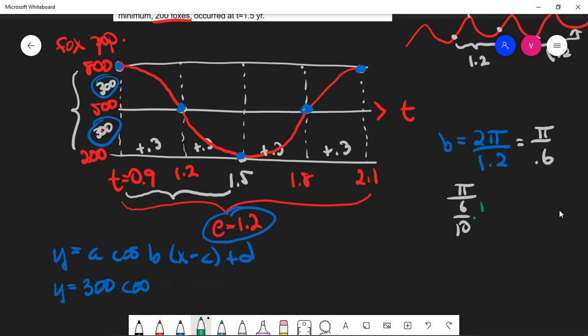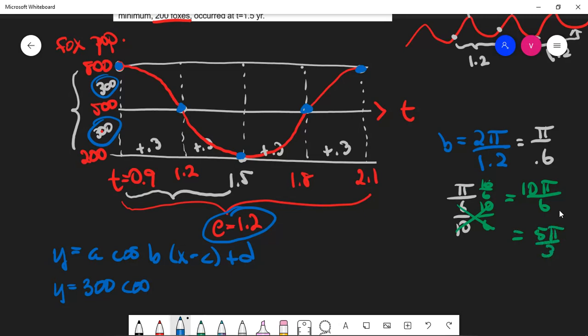Okay, and then multiply by the reciprocal. That gets rid of the entire denominator, so that would be 10 pi over 6. Pi times 10 divided by 6. Okay, and then reduce that out, so that would be divided by 2, 5 pi over 3.